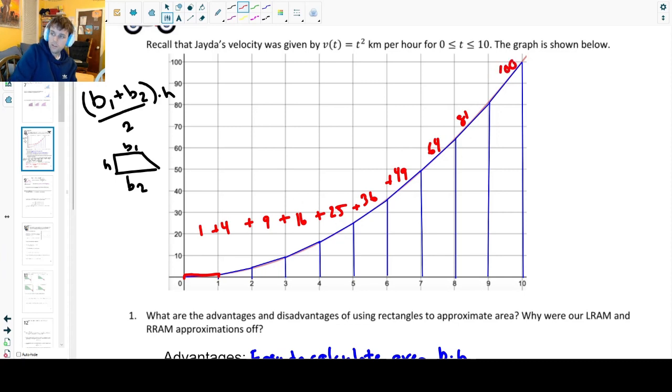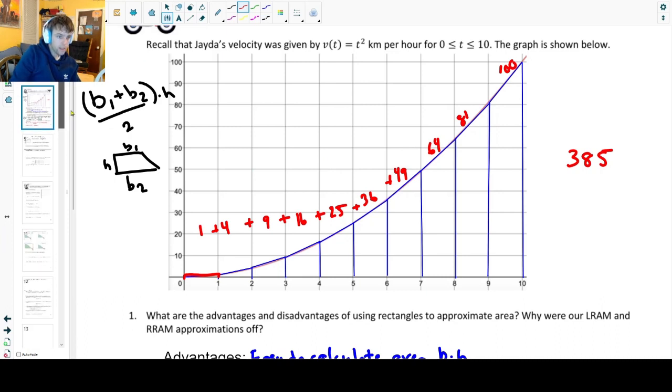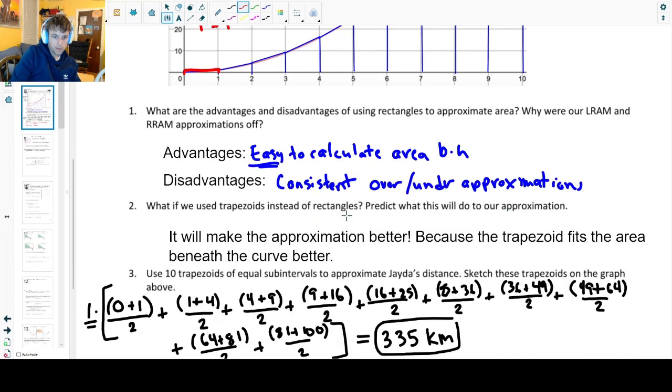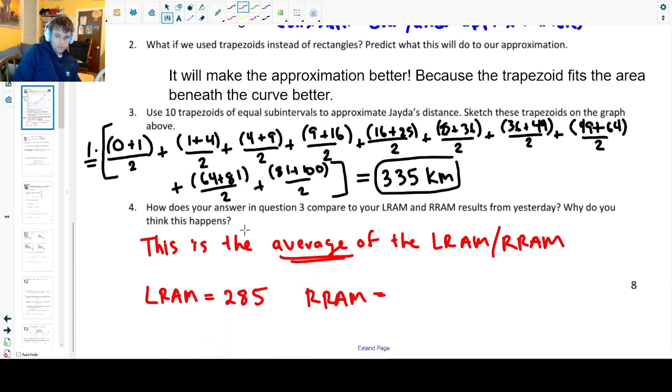Again, quick calculation here. And so let me just go ahead and add those all up just to get a RRAM calculation. Okay, and so doing that, I got a quick calculation here of 385. That was my RRAM calculation, so the right hand Riemann approximation.